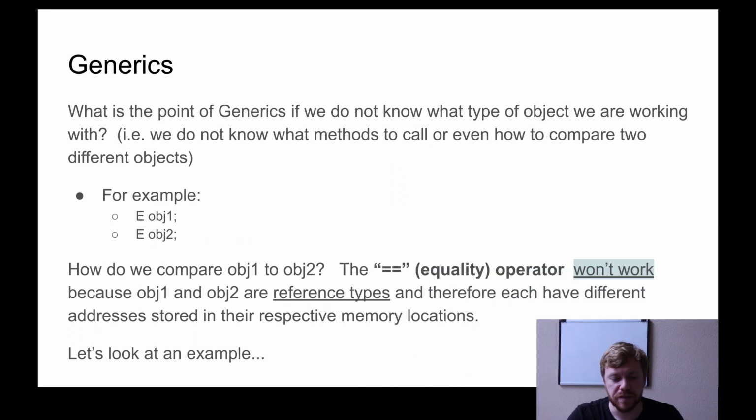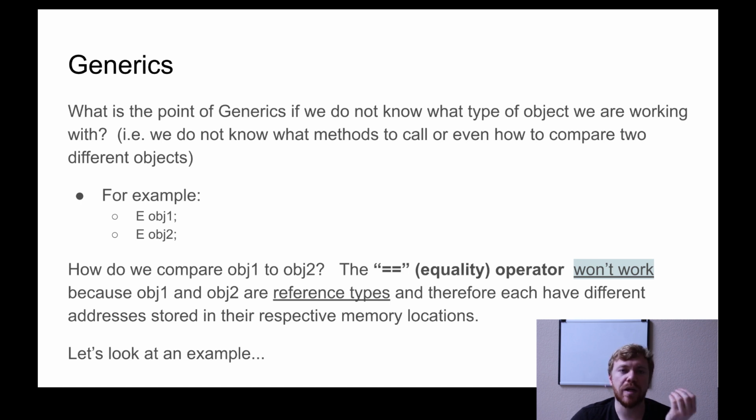So if we go ahead and just get into the slides here, if you remember, generics was great except that since you don't know what type you're working with, you don't have any methods at your disposal other than the ones inherited from the object class. And so this becomes kind of useless, right? I mean, you don't know what type you're working with, so how can you do anything with the variables of that type?